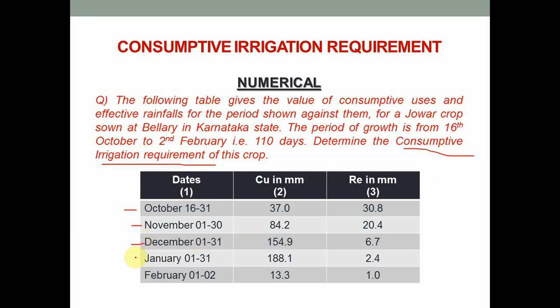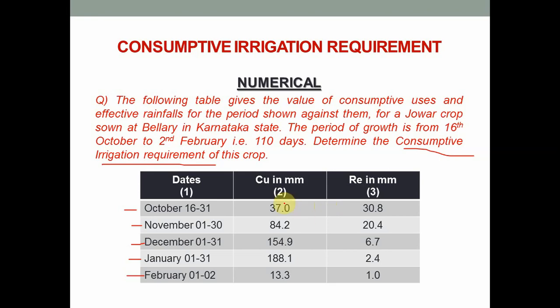Then for 1st December to 31st December, then 1st January to 31st January, and lastly for the month of February from 1st to 2nd February, the consumptive use is 13.3. So we have to find out the consumptive irrigation requirement. That means how much amount of irrigation water we will have to provide to meet the remaining consumptive use need.